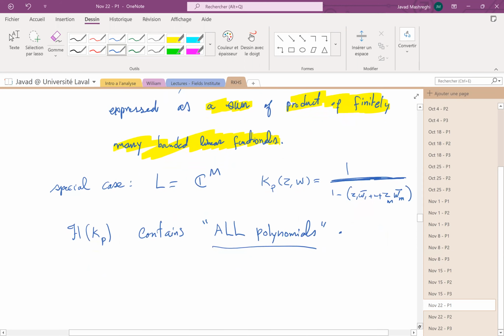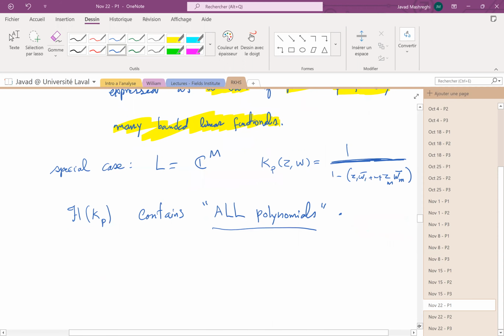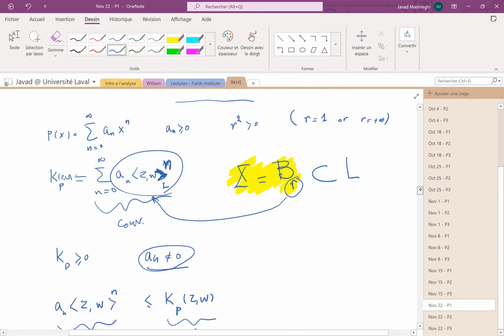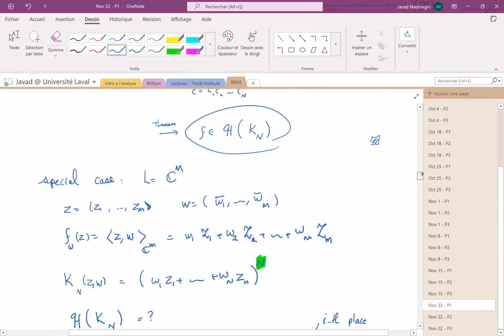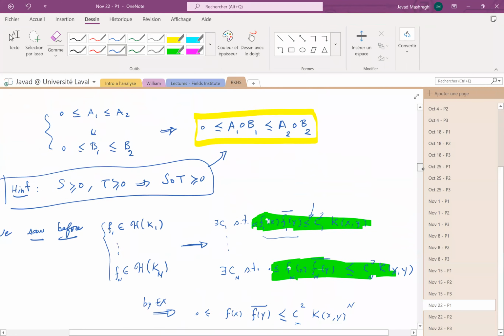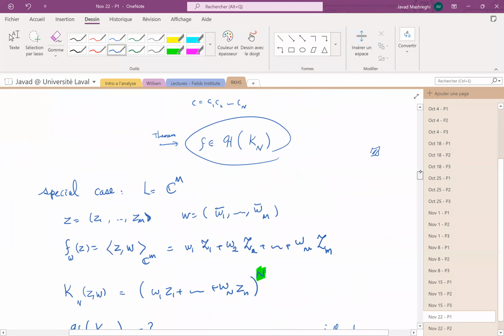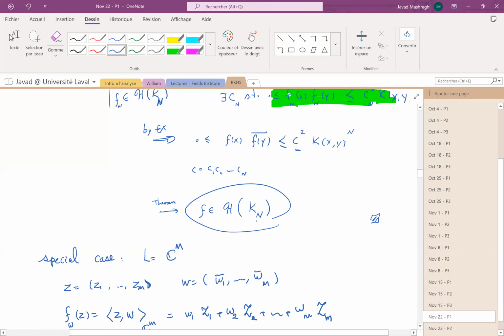And this is another difference between the finite and infinite dimensional case. I didn't prove it here, but I mentioned that in the finite case, when we consider C^m, it is true that I just showed that these multiples are in H(K_P), but it's indeed both ways. There is nothing else.